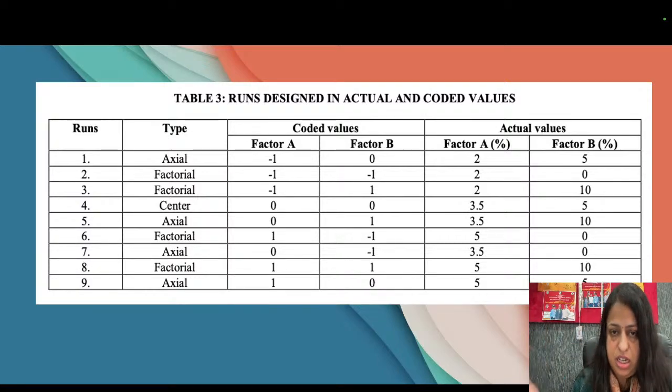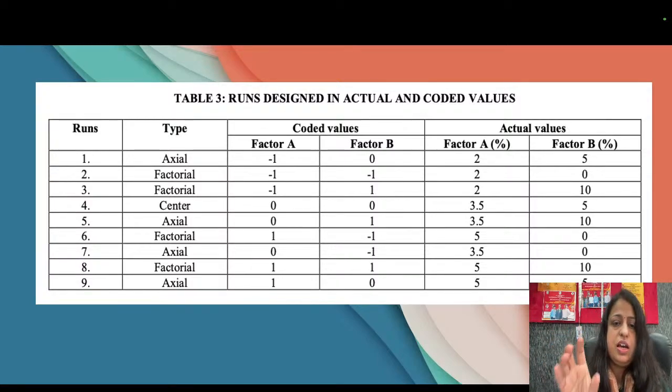Like this it will create the 9 trials, and these are the actual values of the independent variables, where for factor A we have taken 2% to 5%. So 3.5 is the middle value. Second, for factor B, we have taken 0 to 10, so the minimum is 0 and the maximum is 10. According to that it makes the trials.